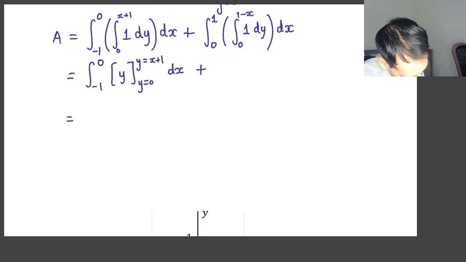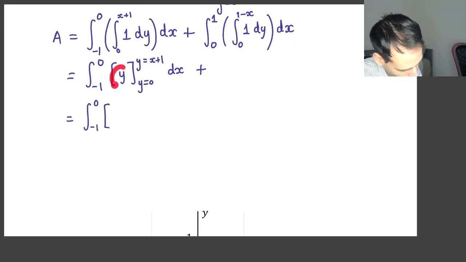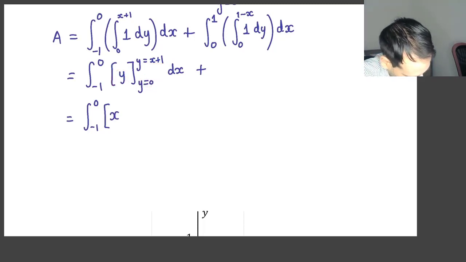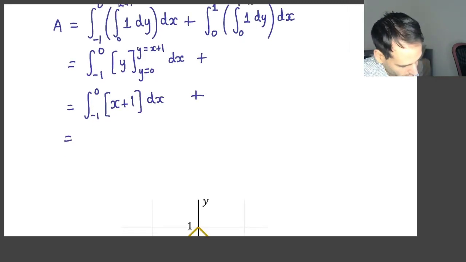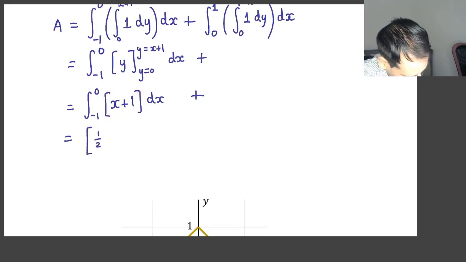So this is going to be the integral between -1 and 0 of, so now I have to substitute y equals x plus 1 minus y equals 0. So we get x plus 1 dx plus something else. So what is the integral of x plus 1 with respect to x? It is 1/2 x squared plus x, evaluated between x equals -1 and x equals 0.